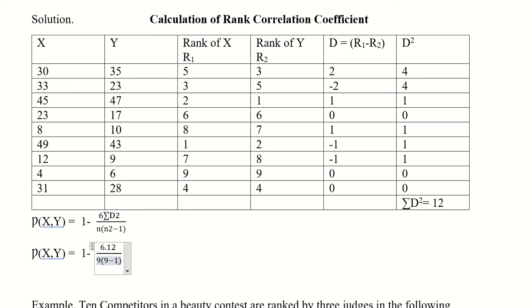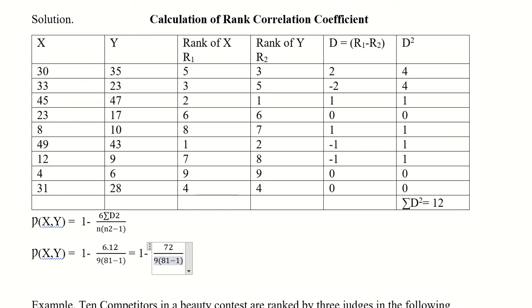So 9 square I am directly applying here. So 9 square is 81. Okay, 81. So this is what we have. Okay, so 12 into 6 is 72. Divided by 81 minus 1 is 80.